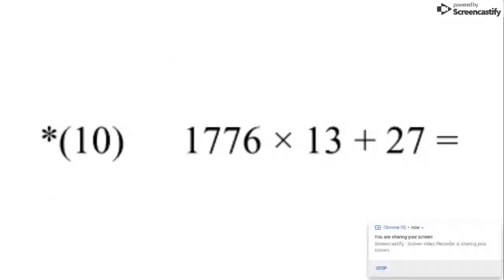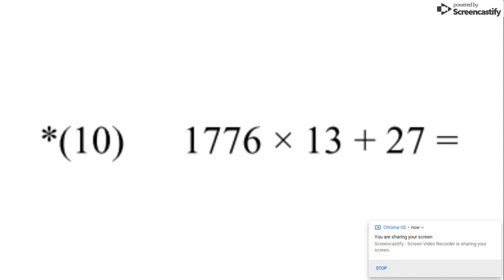All right, number 10. This is where we dive into estimation for the first time. 1,776 times 13 plus 27. Big mistake, don't add those 13 and 27. That's not following the order of operations. So we need to be within 5% on these approximation problems. 1,776 times 13.